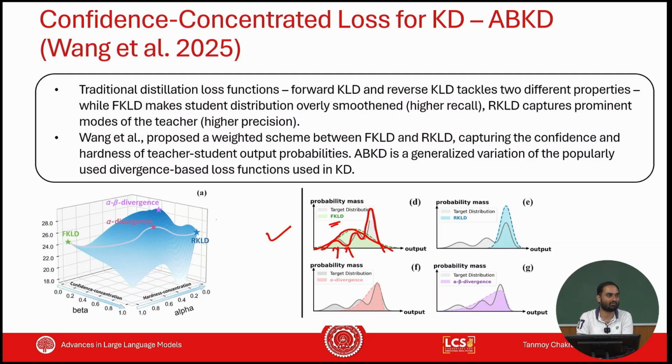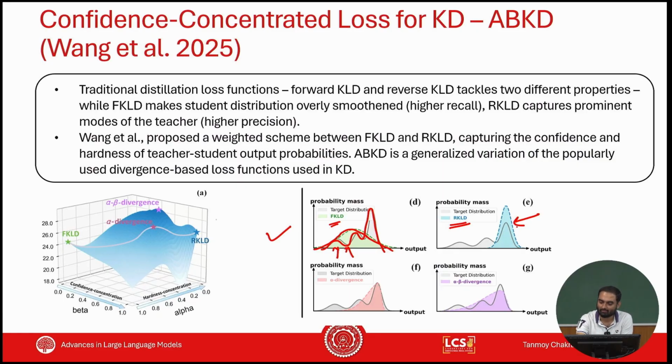Now if you use forward KL divergence, as I mentioned, it will produce a smoothened distribution, which will overestimate the low confidence region, right? Whereas if you use reverse KL divergence, or the backward KL divergence, it would produce this kind of distribution, which will rightly identify the peak, right?